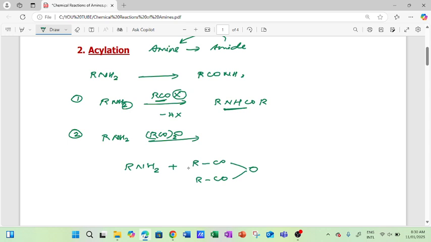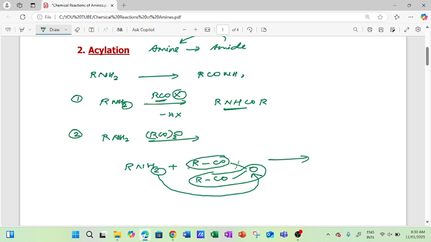During the reaction, at the COO there are two bonds but one of the bonds will break. So one part is RCOO, another part is just RCO. To RCOO, one hydrogen from this RNH2 will be eliminated, which means it is connected with the oxygen atom.